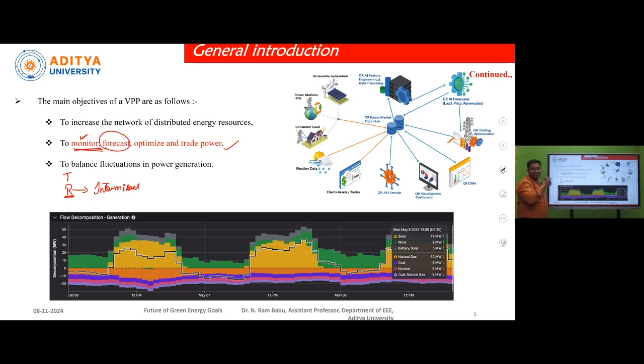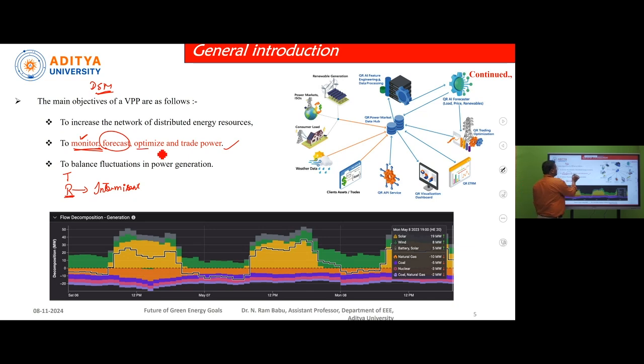Forecast means we are supposed to predict the amount of energy being generated today or the amount of energy required today. That means we need to forecast one day ahead or two days ahead. In demand side management techniques, many literatures state that they have used one year ahead forecasting techniques or else one day ahead. That means within one or two days, they forecast the amount of energy required and, based upon that, they schedule the devices.